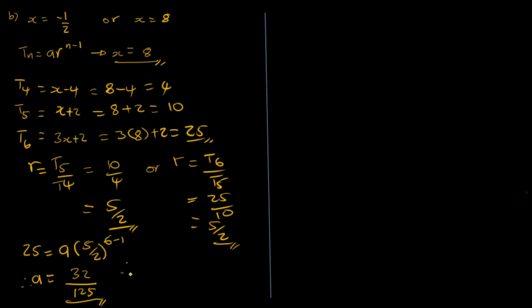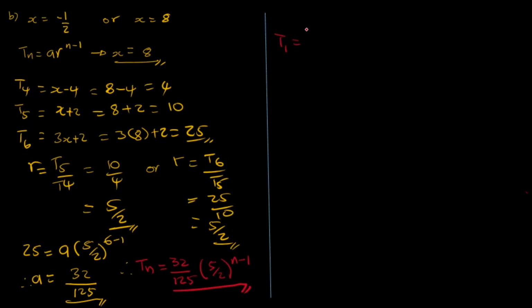Therefore, the nth term will be 32 divided by 125. What is the value of R? 5 over 2, and n minus 1. Okay, we know that part. Now let's calculate term 1, term 2, term 3.